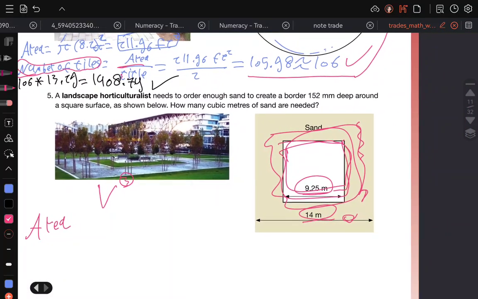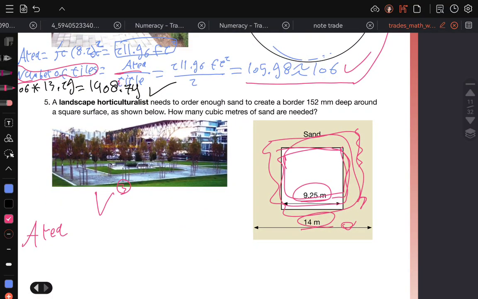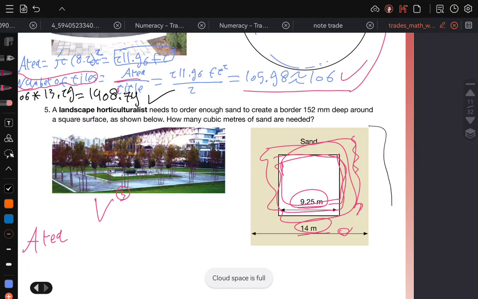How can we know the area of this square? Understand that they didn't write that the sand is square, but the one inside is square. But let's assume that this one is square and this one is square. I hope you get it.